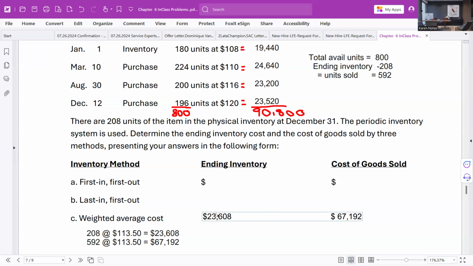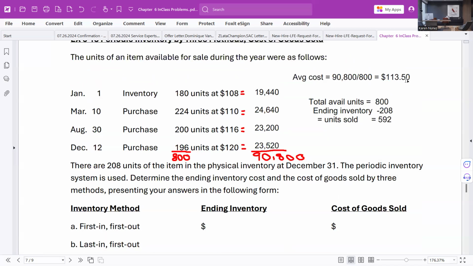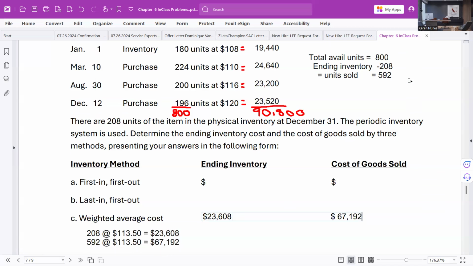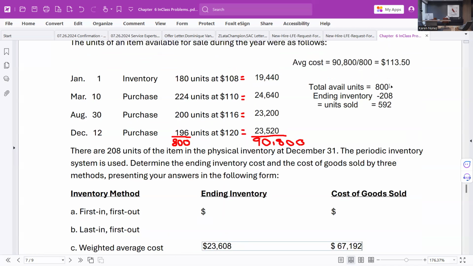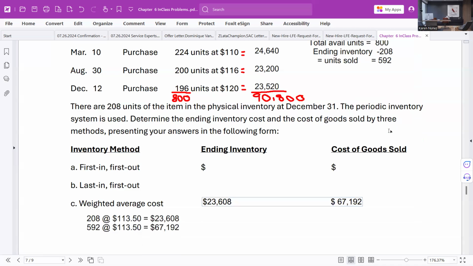And that's weighted average. Find the average cost of 113.50, multiply it times the units in the ending inventory. They gave us that. Multiply it times the units sold. We had to figure that out. Total available is 800. They only have 208 at the end of the period. The other 592 were sold.